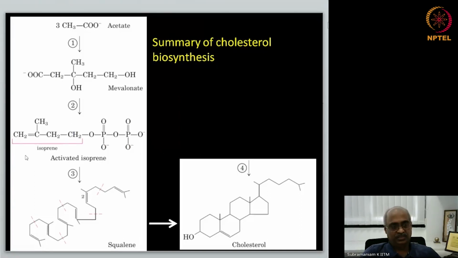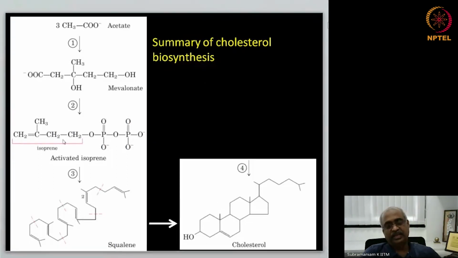So 6 of them, 6 times 5, 30, form a linear 30-carbon chain. And that converts, as shown here in this cartoon, it's a linear molecule, but it is drawn to indicate how it cyclizes to form cholesterol. So squalene to cholesterol is the fourth one.